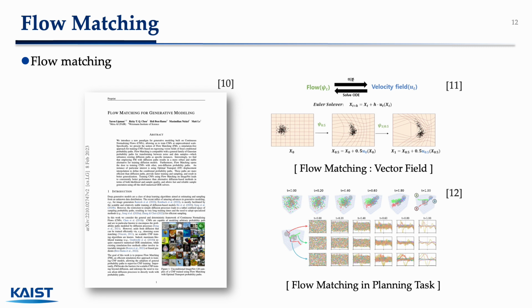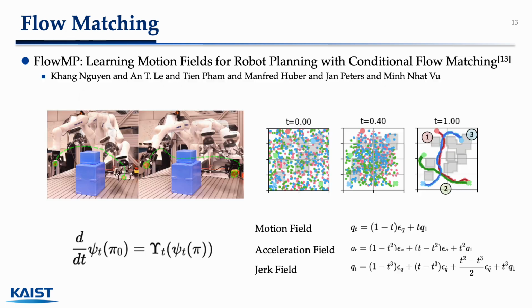In other words, instead of learning a step-by-step denoising process, flow matching focuses on learning the velocity field itself, which defines how to move particles continuously toward the desired distribution.